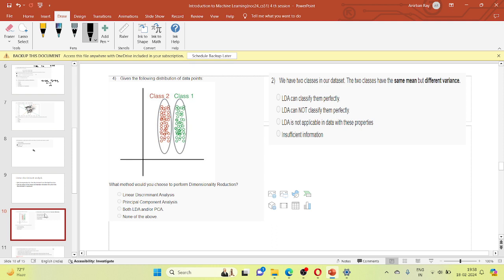So the idea of this question is the same standard deviation. You see that this is two-dimensional data, and standard deviation here represents the shape of the data. As the shape is the same, they have the same standard deviation, and we are also trying to separate a class and do dimensional reduction. So we have to use linear discriminant analysis. Perfect case for this.